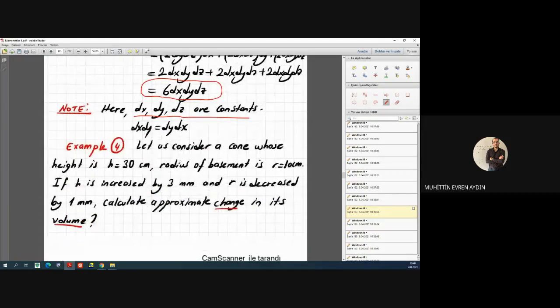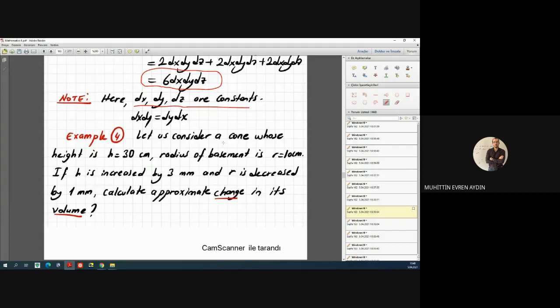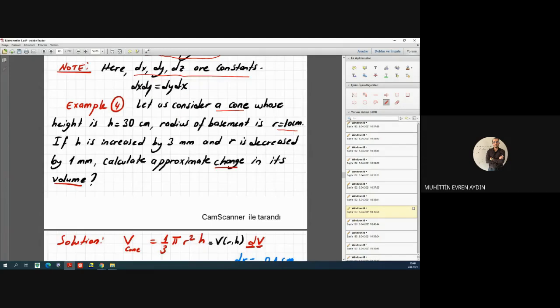Okay. We have some applications of the notion of total differential to some previous examples. For instance, let's consider a cone whose height is 30 centimeters. The radius of the base is 10 centimeters. And the problem is, if h is increased by 3 millimeters and r is decreased by 1 millimeter, then calculate the approximate change in its volume.